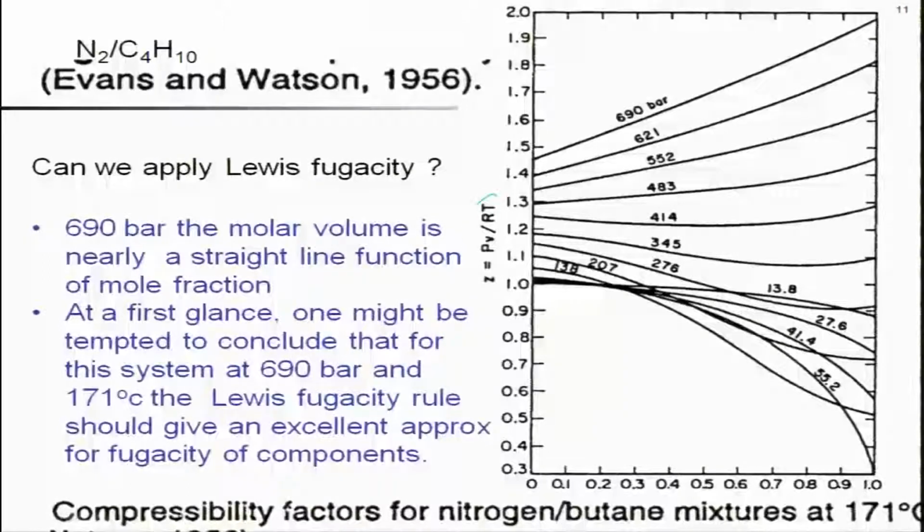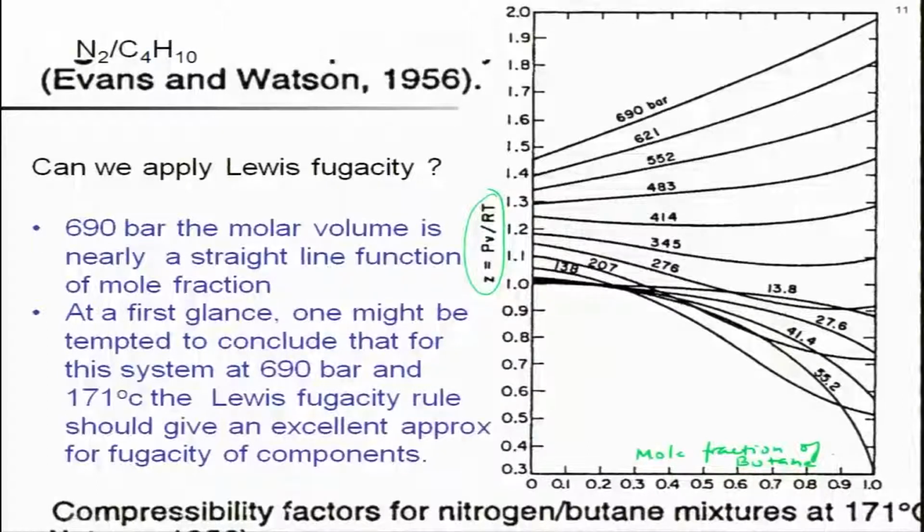So, what we have is the following: this is the compressibility factor as a function of the composition of nitrogen and butane. The nitrogen is close to 0.9. So, this is basically the compressibility factor as a function of the mole fraction of butane. Okay.